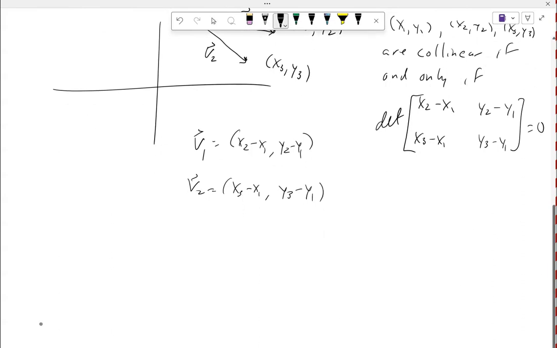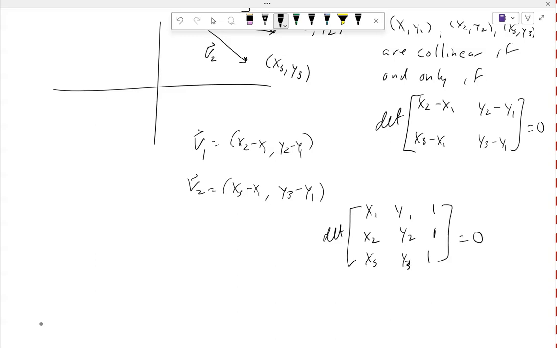You can also do this as the determinant of the matrix with rows x1, y1, 1, x2, y2, 1, and x3, y3, 1 being 0. If you compute the two determinants, you'll get the same answer.